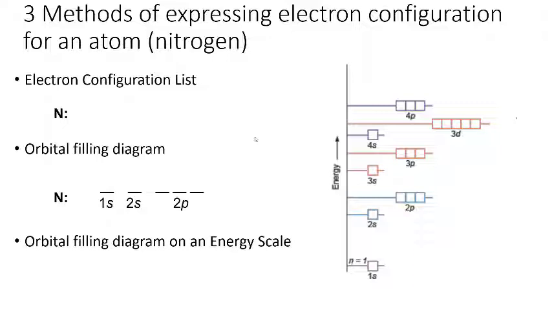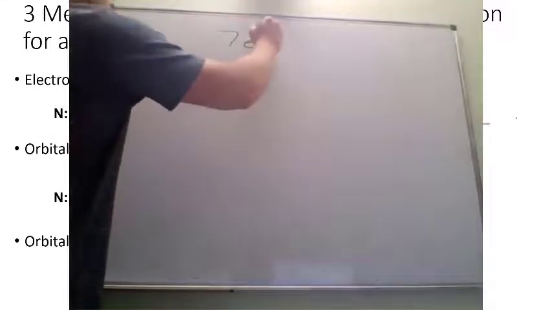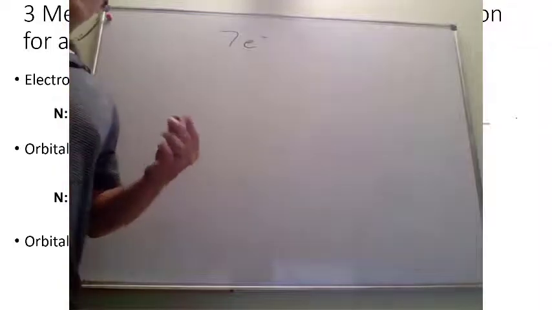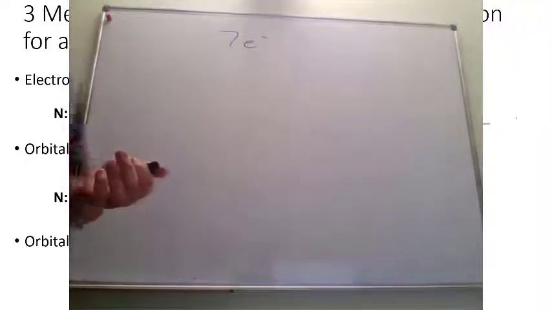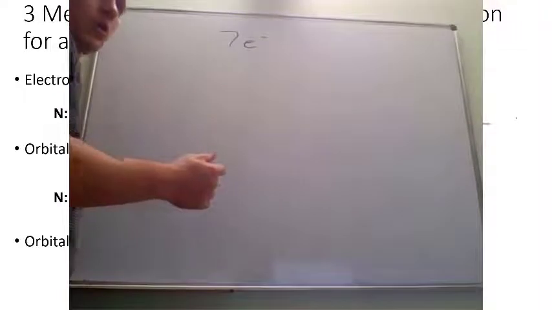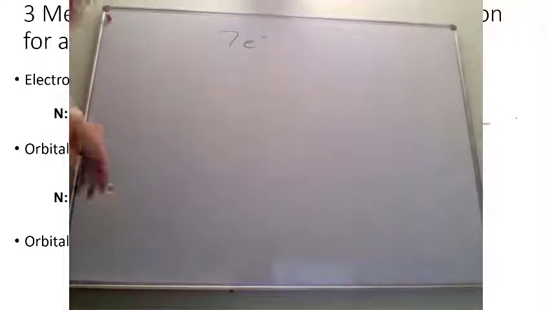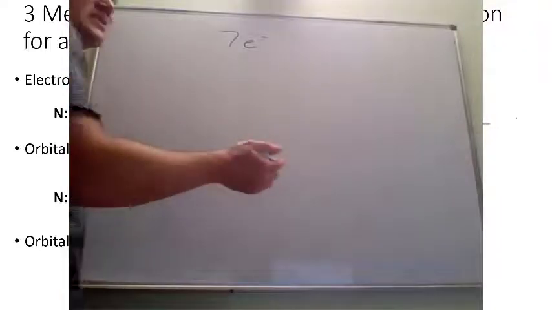That means for a neutral nitrogen species, we're going to have 7 electrons. There are different ways for us to talk about how these electrons configure. Let's take a look first at the one on the very bottom of this list, which is an orbital filling diagram on an energy scale.